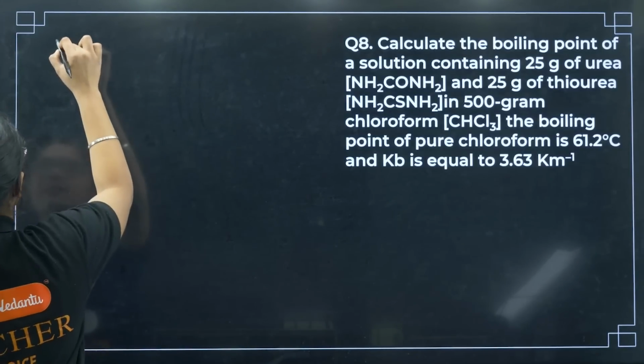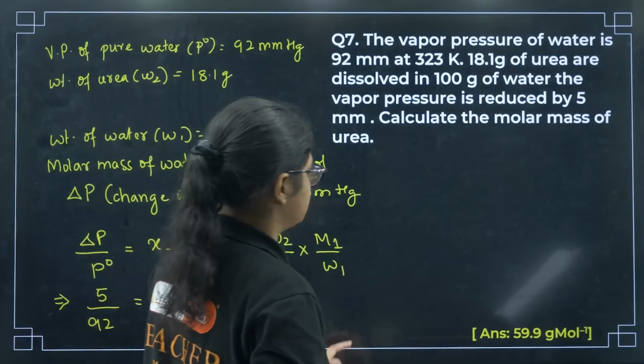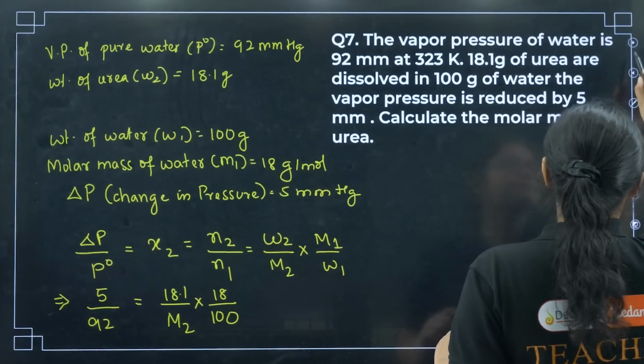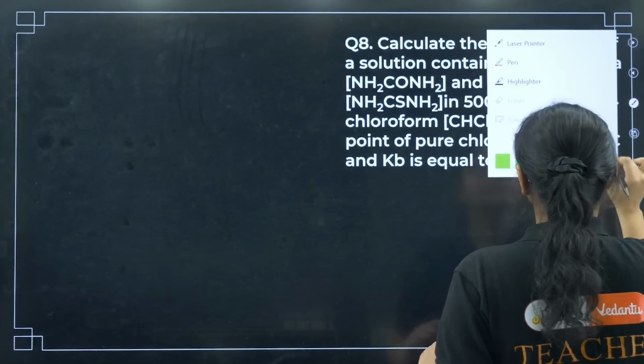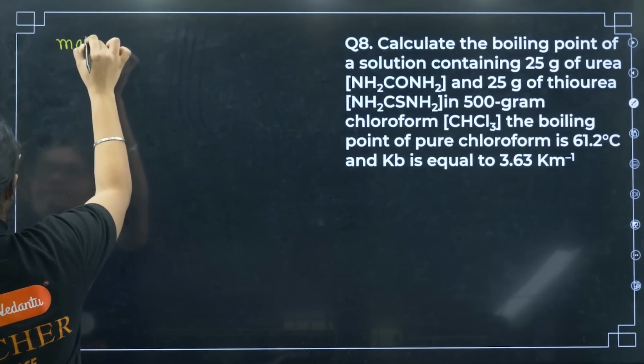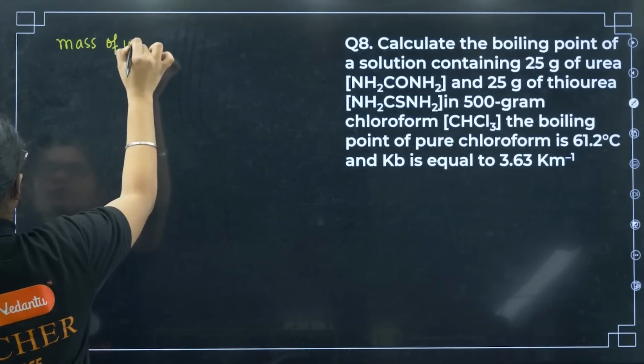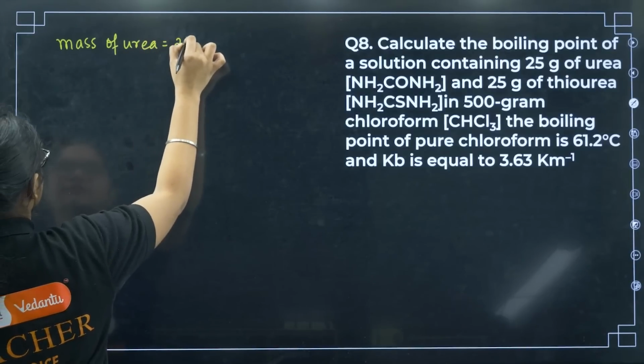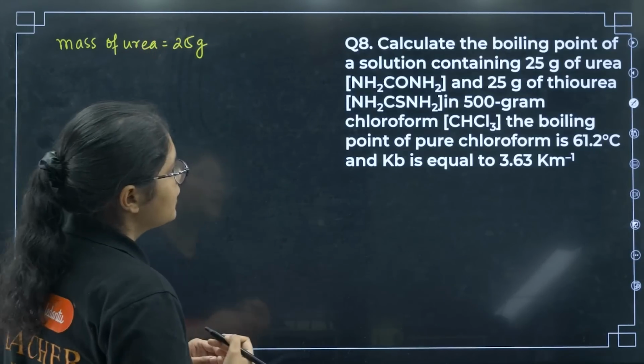So first I will take mass of urea, which is 25 gram, right?